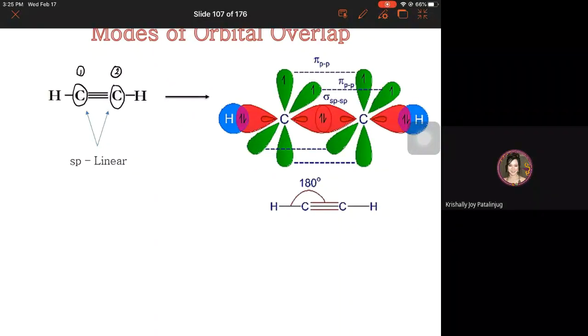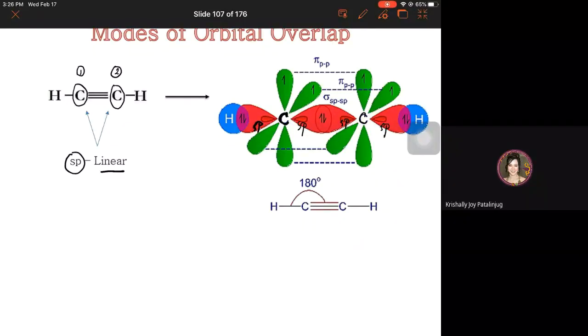So, pag linear shape, ng hybrid orbitals is also linear. That gives us an sp hybridized central atom. Alright? So, ibig sabihin, each carbon may sp orbitals. The same with the other carbon, meron siyang sp orbitals.